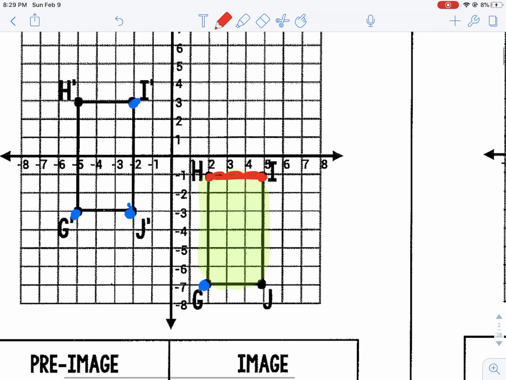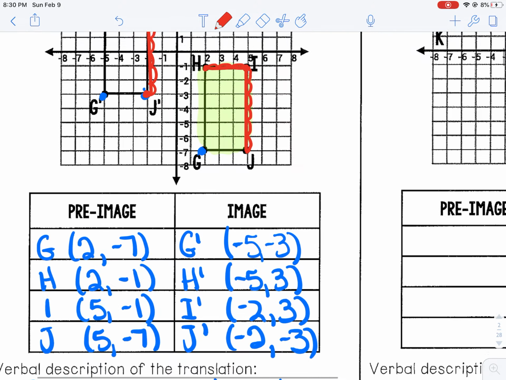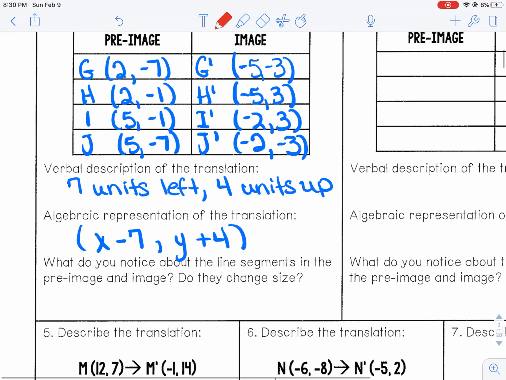After I translate it and go to H prime, I prime, okay, it is still 1, 2, 3 units. Okay, that's going to happen also with every single line segment, but let's just double check I to J. 1, 2, 3, 4, 5, 6. After the translation, I prime to J prime. 1, 2, 3, 4, 5, 6. Okay, so nothing changed as far as the size is concerned.